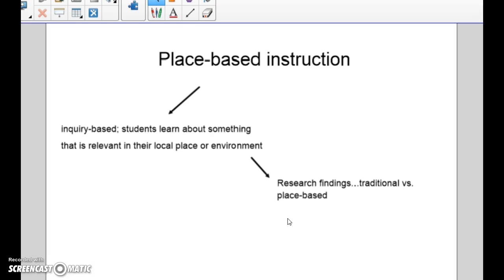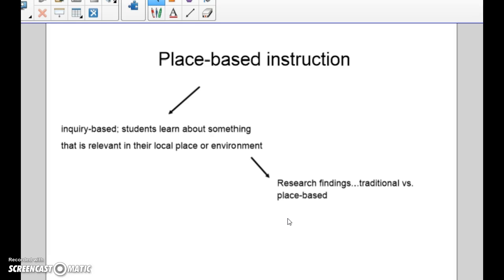And their findings were mixed. They found that in the place-based classroom, student scores were really similar to the traditional classroom. So using place-based instruction didn't necessarily lead to an increase in achievement and attitudes, but it did not lead to a decrease either.